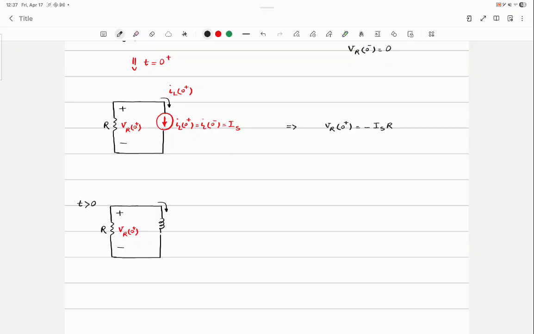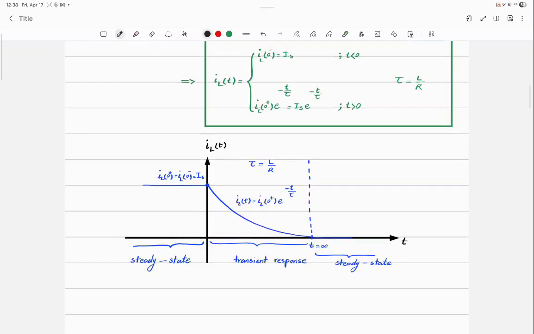So let's bring the inductor back. You have ILT, and here you have VRT, for all positive time. Can you tell me what is VRT now? Should I solve the differential equation again or no? No, I already solved it and found ILT, right? Do you remember that?